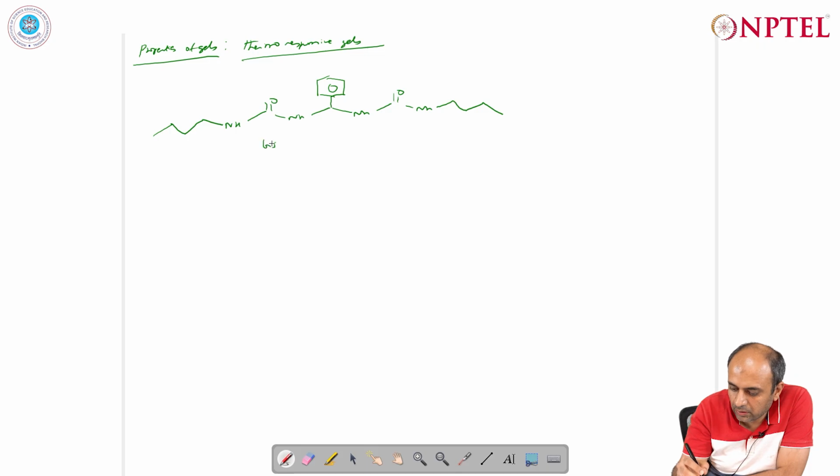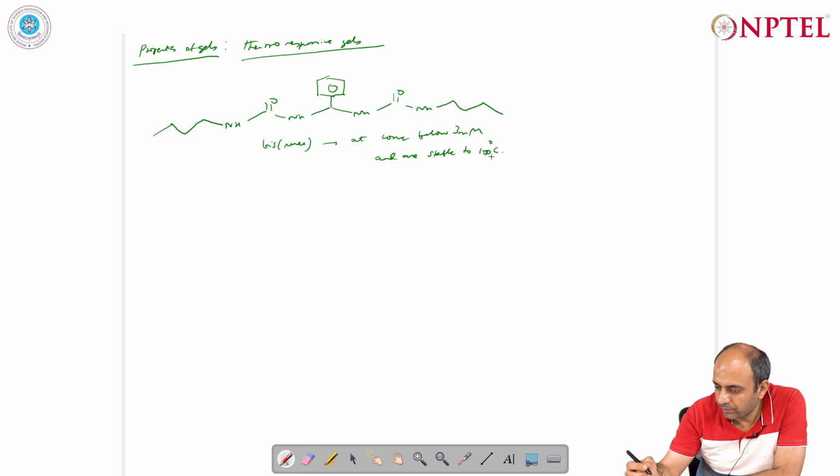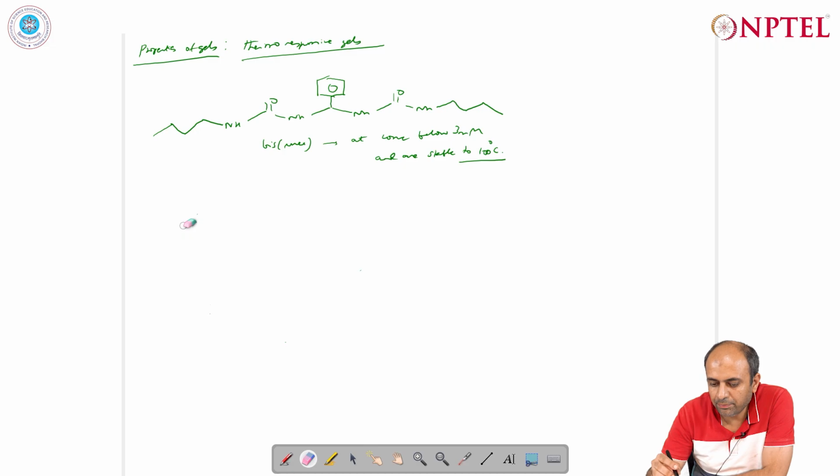This is a bis urea compound. It forms a thermoresponsive gel at concentrations below 3 millimolar and is stable to 100 degrees centigrade. So, this is an example of a thermoresponsive gel.